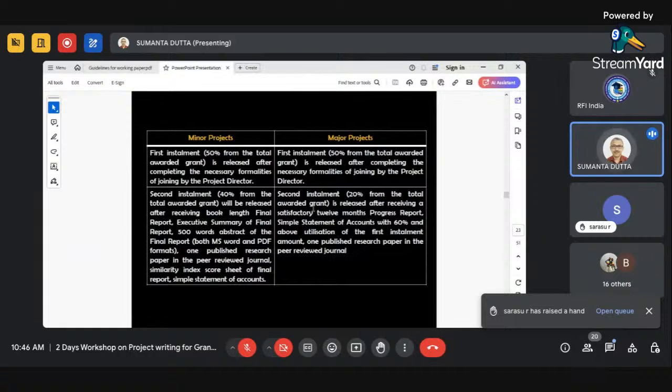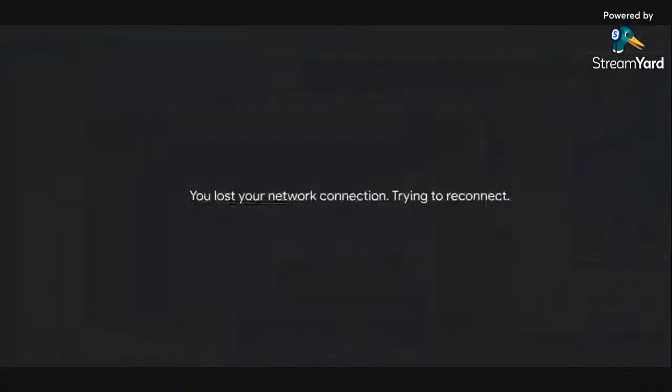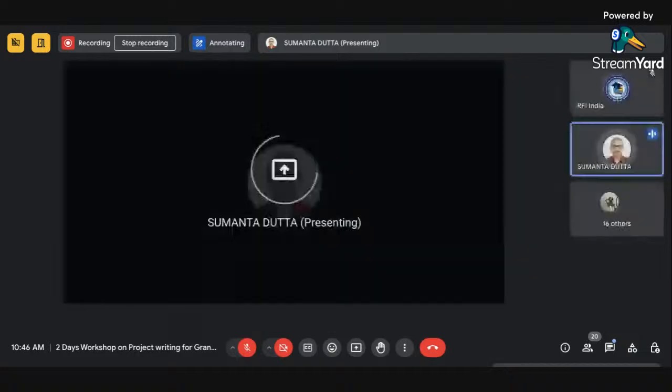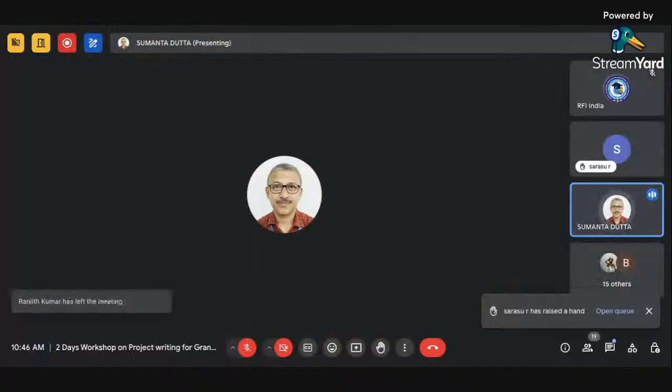It is stated that out of the total project value, 40% must be given, provided it is after receiving the book-length final report, executive summary, and all those things.